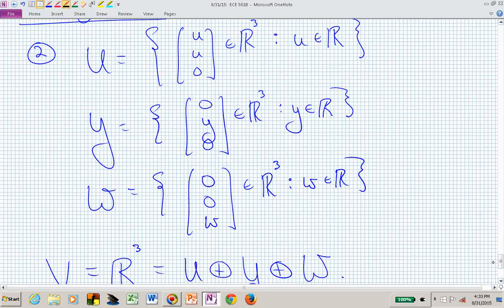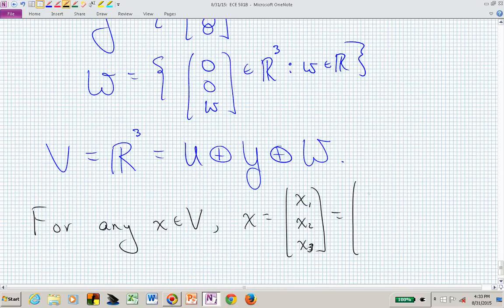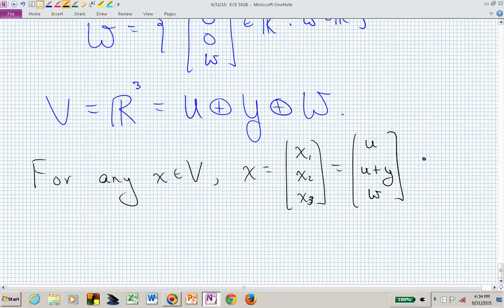If we now linearly combine subspace U, or some subspace U, Y, and W, or vectors in that, we would have U plus Y plus W. So that now if we're given an X, we could actually let W just be X sub 3. We now need to find these unique combinations of U, Y, and W, or vectors in those subspaces.